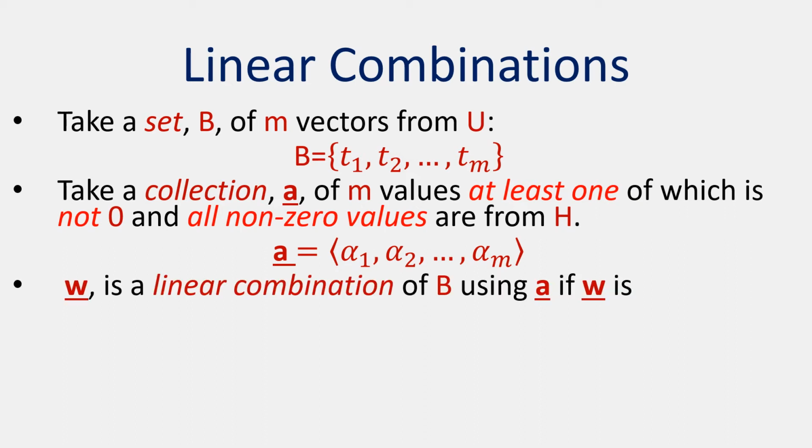Now what we mean by a vector being a linear combination using the vectors in B, well, all that means is we can form the vector W just by summing over all of the vectors in B the result of multiplying each vector in that set by the corresponding constant value in alpha.